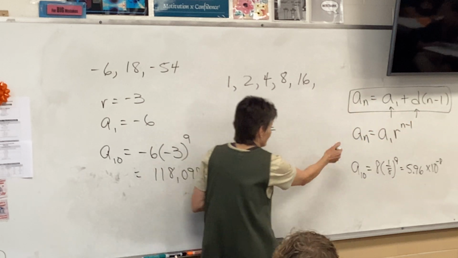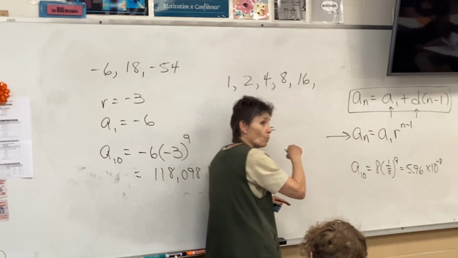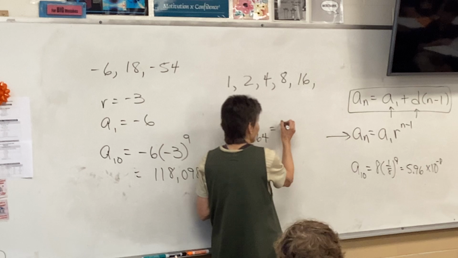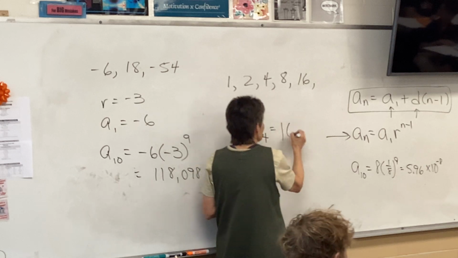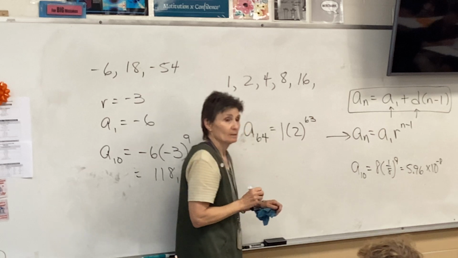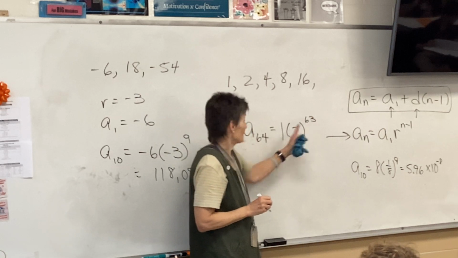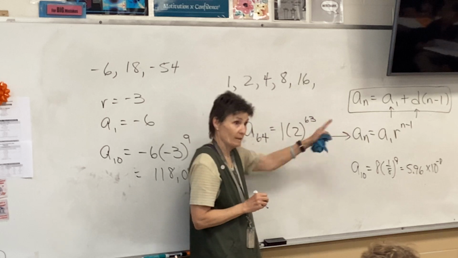Well, our formula tells us that on the 64th square, we would have 1 times 2 to the 63rd. Leilani, you see why that's 63 this time? Because it's 64 minus 1.